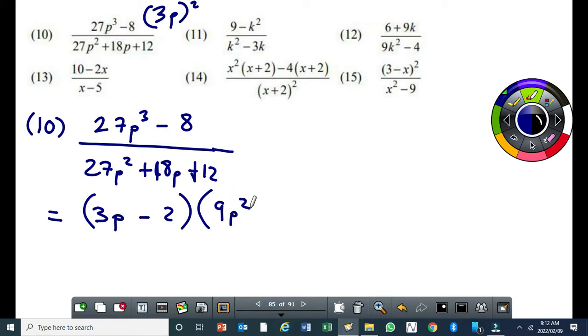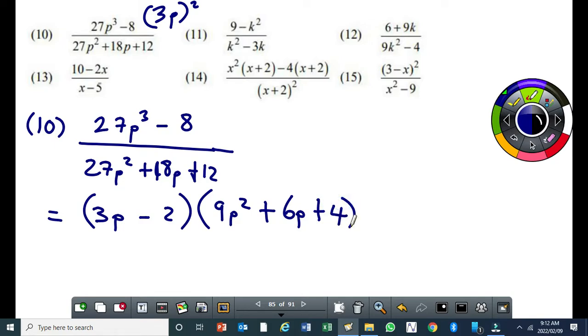Okay? Then, since we have a minus here, I'll put a plus there. Right? Then, the middle term should be the product of 3p and 2, which will be 6p. Then the last term is going to be a positive 4. You just square that 2 and then you get a positive 4.